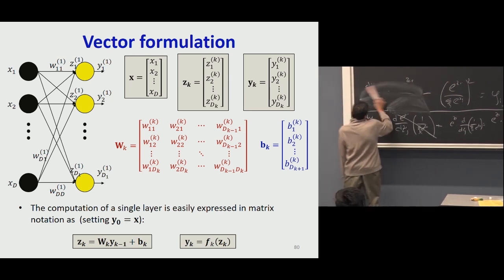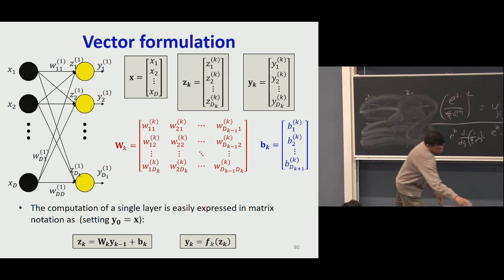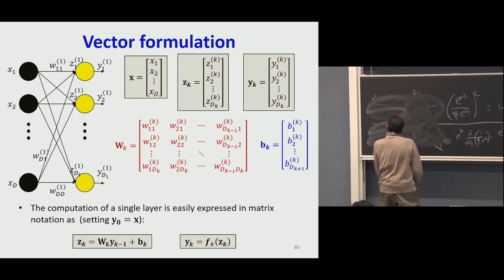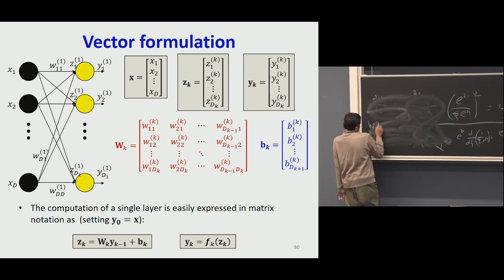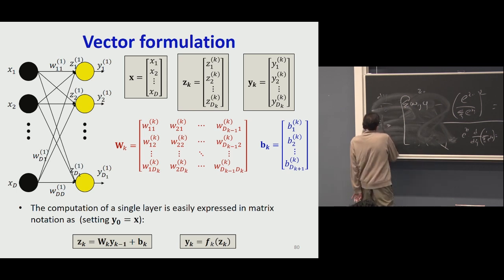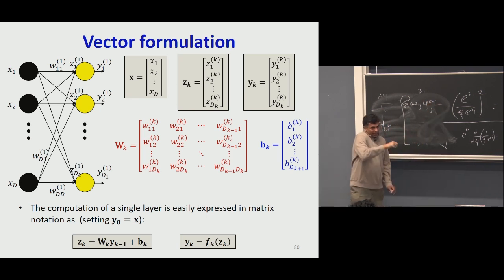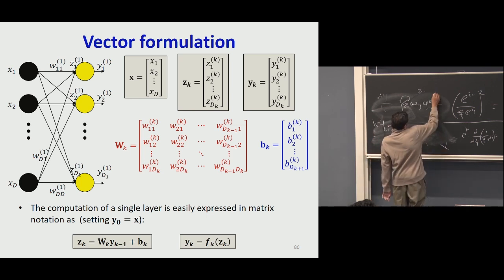Let's write this out, it's worth the trouble. If you look at Wy, each component is going to be a summation of Wij times y(k-1)j. You're basically getting a summation, right?